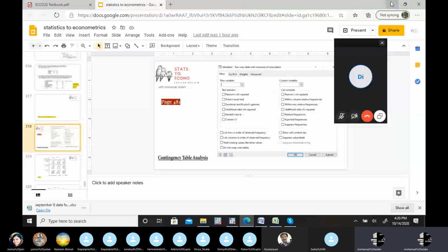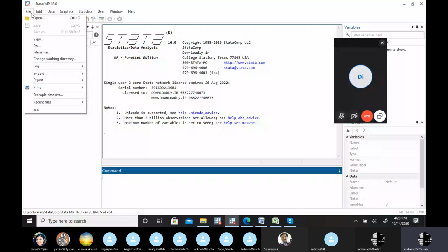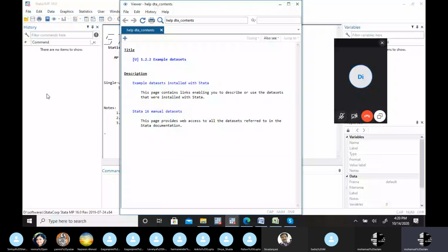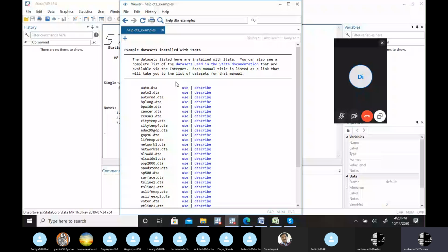Okay. Now take an example data set. In Stata, you have example data sets. In example data, select this particular one, NLSW 88. Now, first, let's look at this data set.